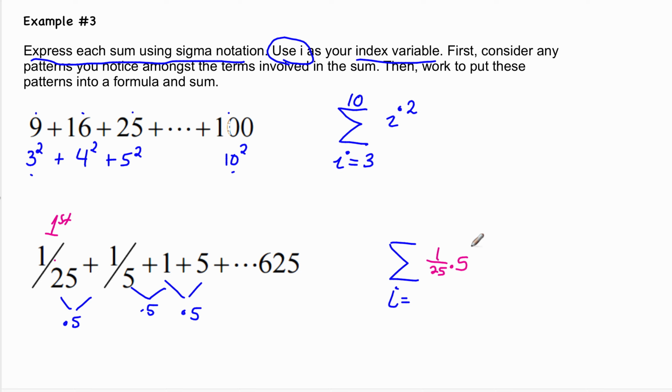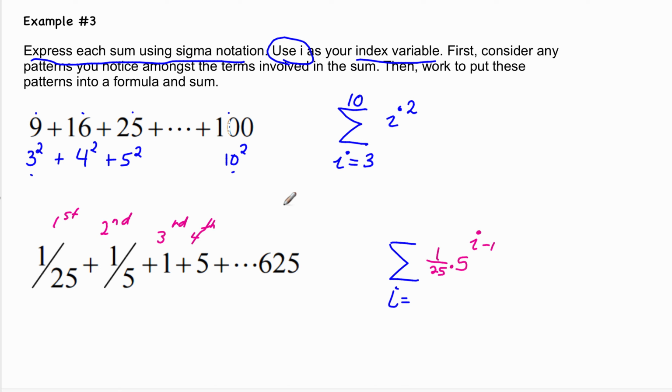Now instead of the n minus 1, they wanted me to use I, so that n is going to get replaced with an I. Now the only thing we have to think about is, well, what term did we go out to? This is the first term, this is the second term, this is the third term, this is the fourth term.